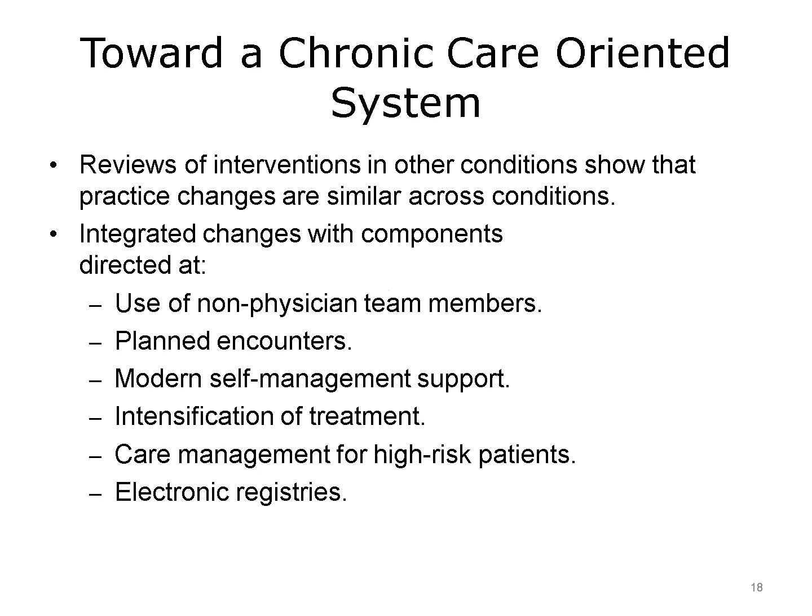Then there's intensification of treatment. Often we've been encouraged to keep people out of the hospital, and we have perhaps discharged patients prematurely in order to reduce what we used to call length of stay. We may want to intensify or lengthen those treatments in some instances. Again, care management for high-risk patients, it's not just my part that matters.